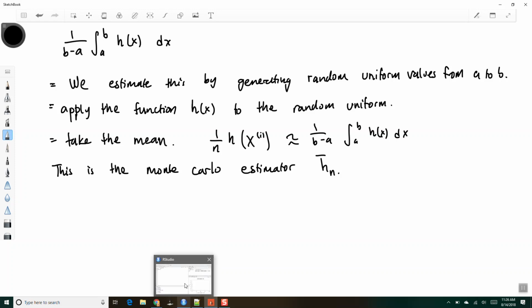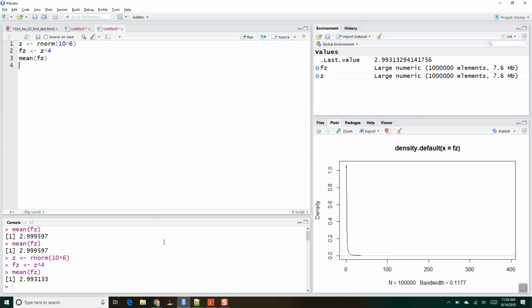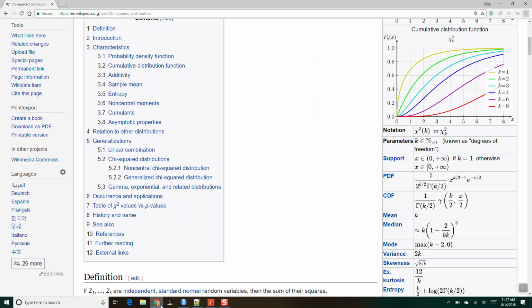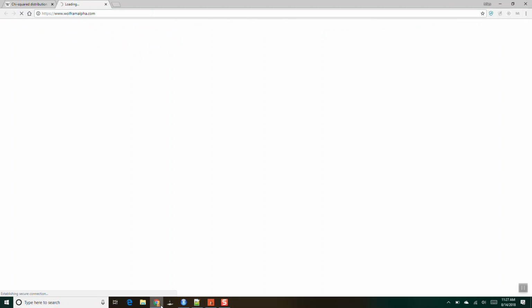Okay, so let's do a simple example here. So we'll go to Wolfram Alpha.